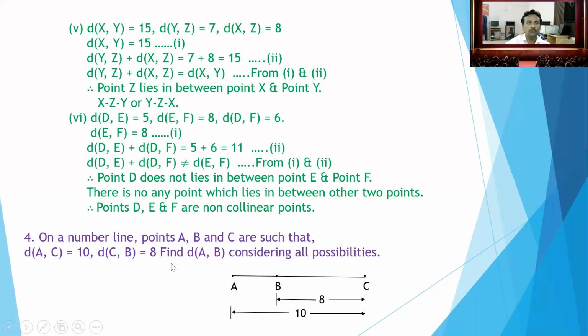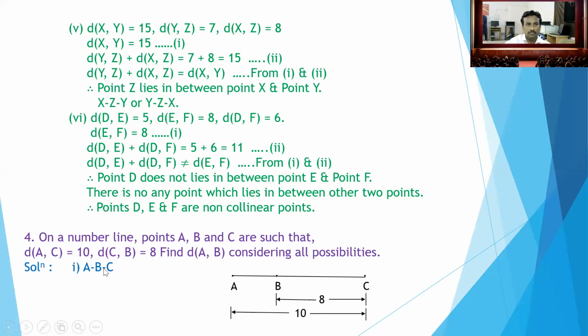On a number line, points A, B and C are such that distance AC is 10, distance CB is 8, and find distance AB, considering all possibilities. Suppose this is a number line, points A, B and C are there, distance BC is 8 and distance AC is 10. This is given.